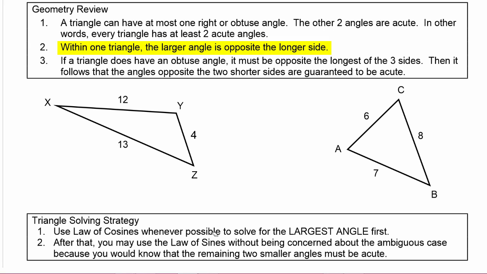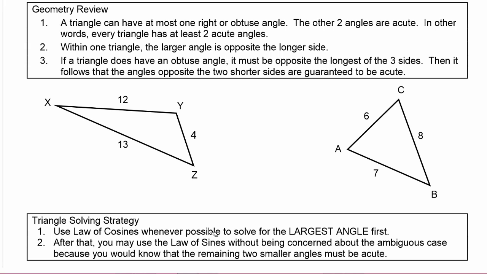So when we're comparing sides in a triangle, we can know which opposite angle will be the biggest. Third, it makes sense then, if a triangle does have an obtuse angle, it must be opposite the longest of the three sides. Then it follows that the angles opposite the two shorter sides are guaranteed to be acute.